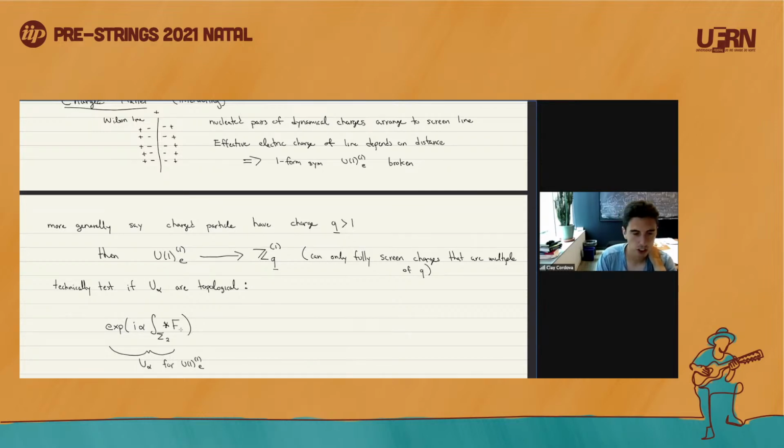To test the topological property, consider what happens if we deform this surface sigma 2: multiply it by the same thing, except I do a little wiggle on the surface sigma 2 where I'm doing the integral. Again, I use Stokes in the exponent.